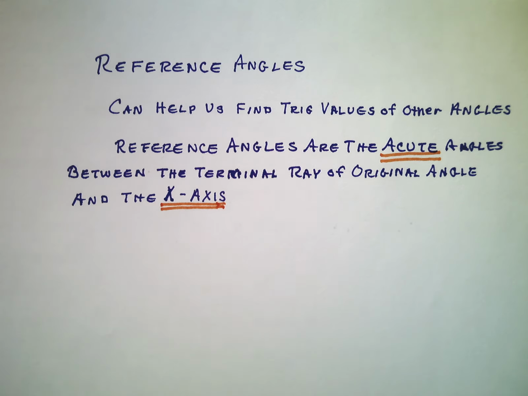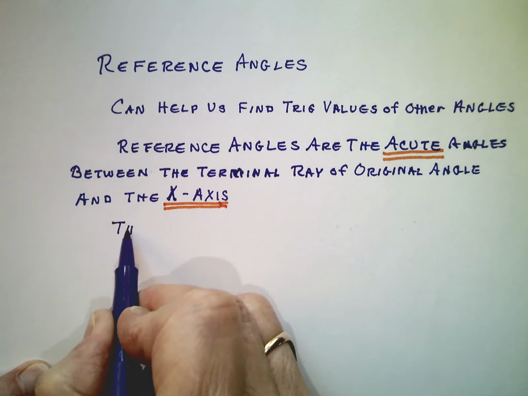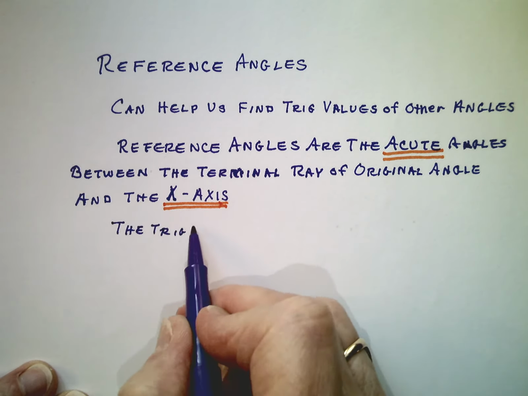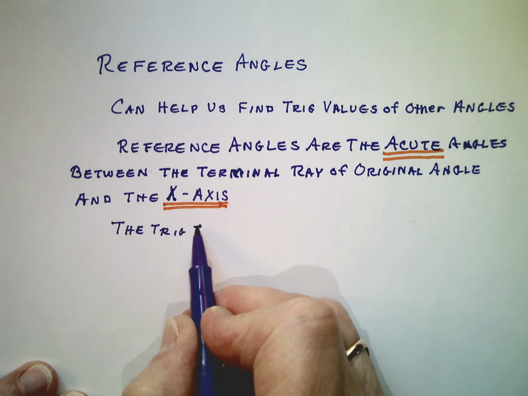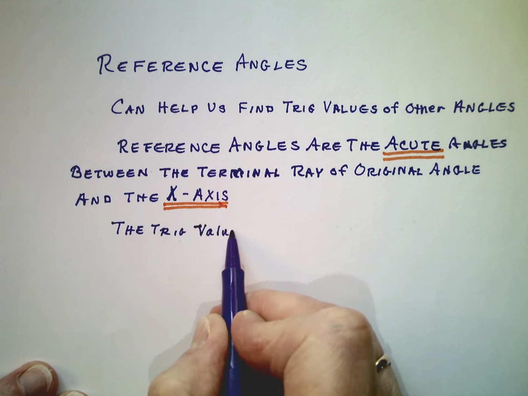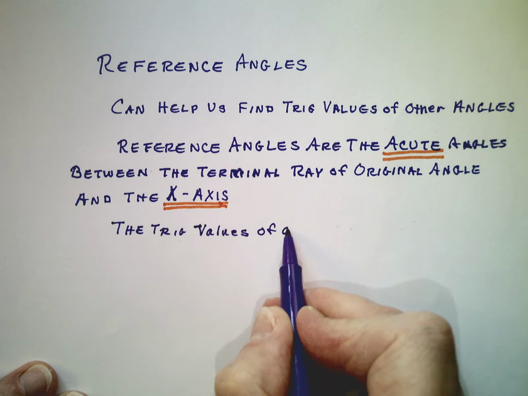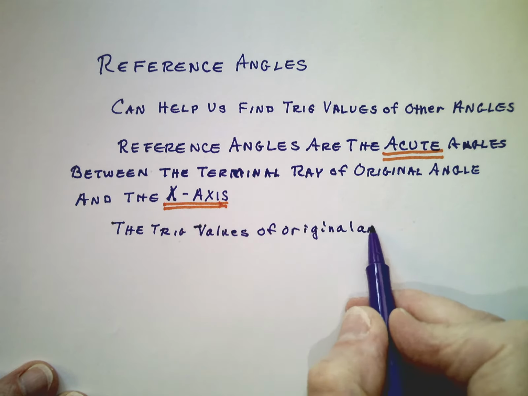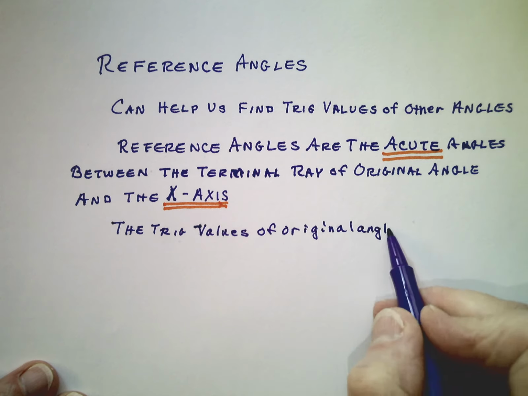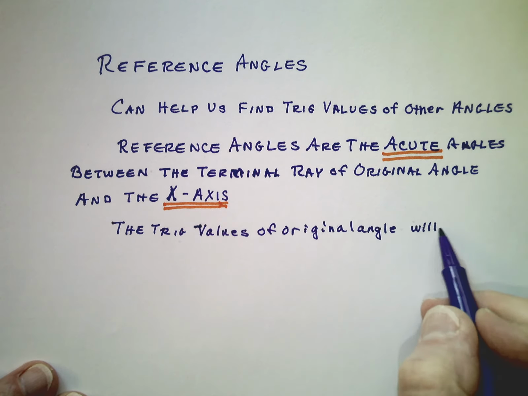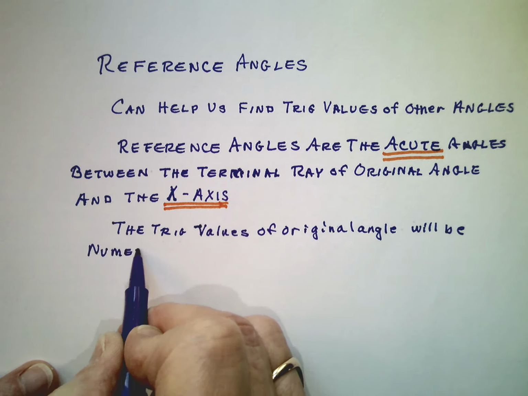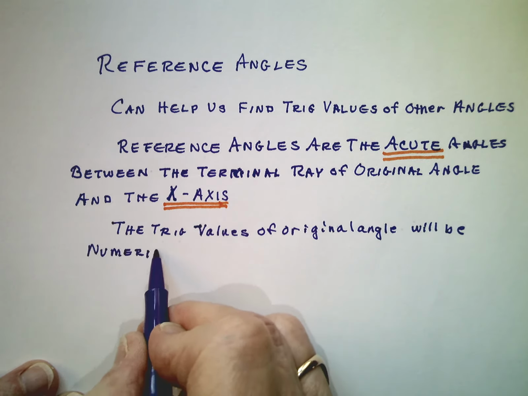And the amazing thing is that the trig values of the original angle will be numerically identical to those of the reference angle. I say numerically, it's kind of like the absolute value.